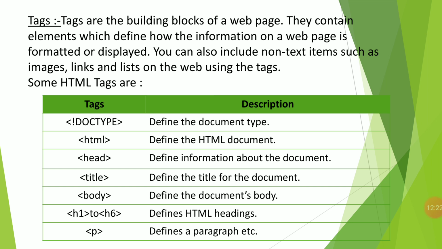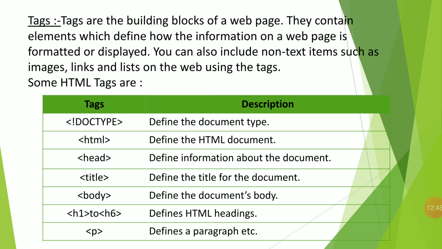Next, a few tags I have mentioned here. The first one is doctype. This is the very first tag in HTML. Whenever we plan to create an HTML document, this is the first tag. This tag defines the document's type. Next tag, HTML, defines the HTML document.